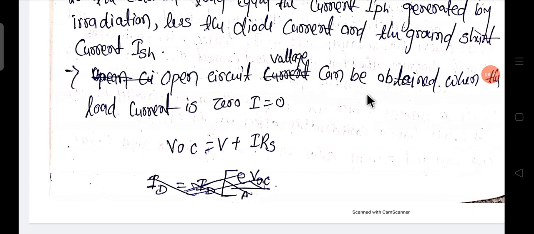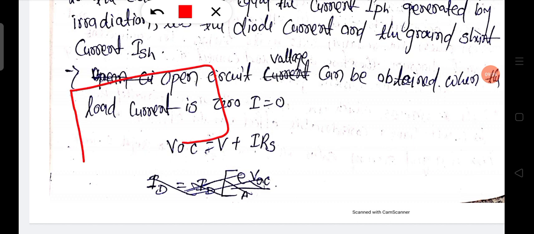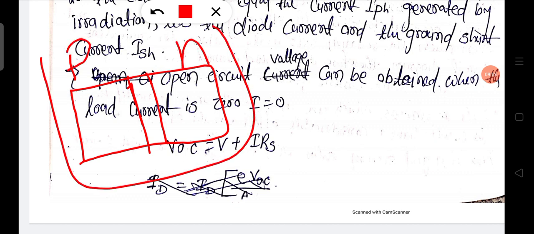Open circuit voltage can be obtained when the load current is 0. Open circuit means there is no load. If we consider the PN junction as an open circuit, this is the PN junction or our cell, and there is no connection of load.